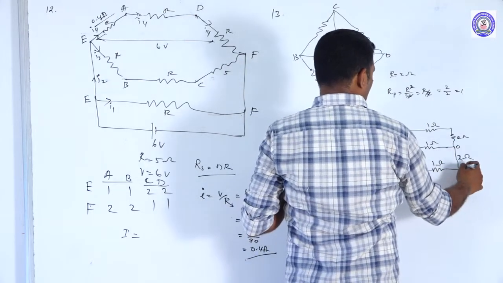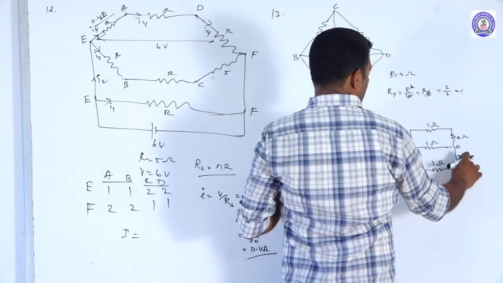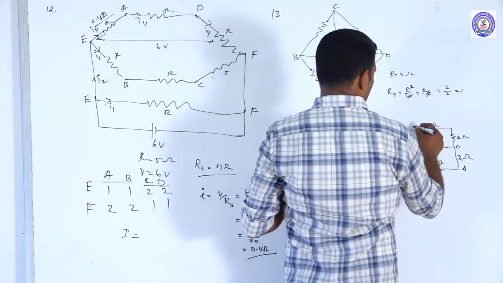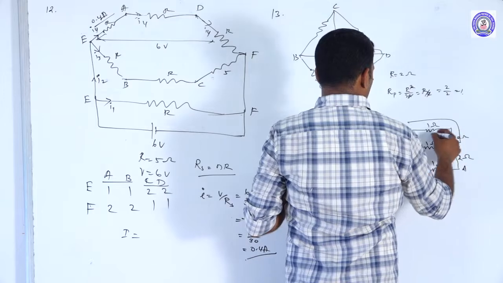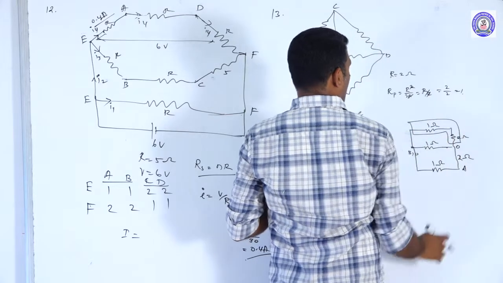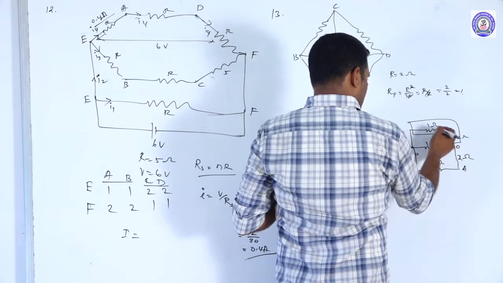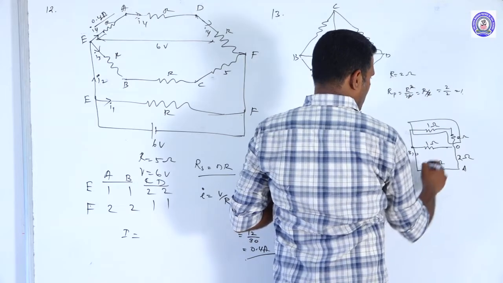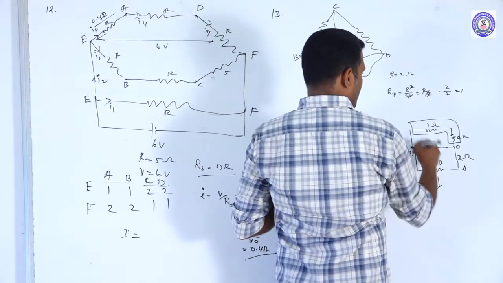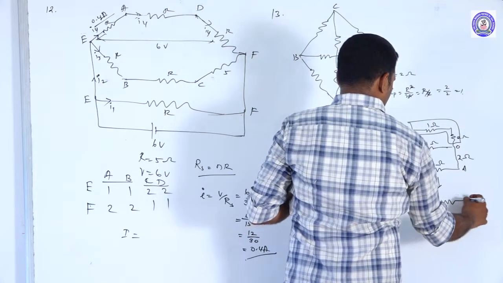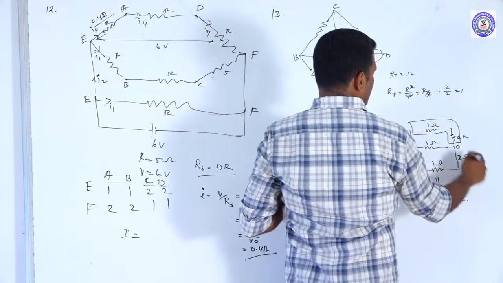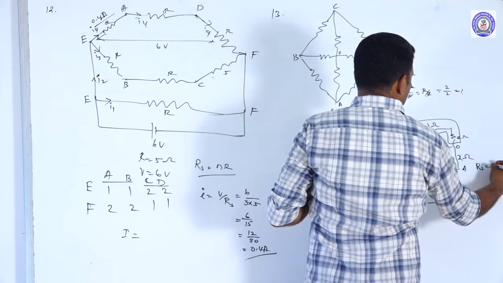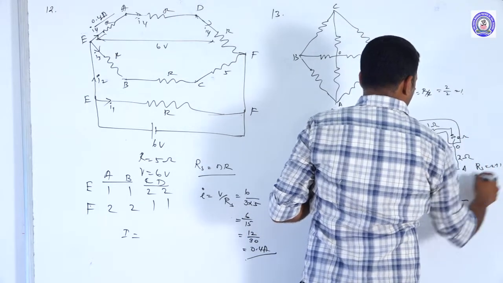Now, what is required is the effective resistance between O and A. These two, 2 and 1, are in series, and the effective resistance is parallel to this 1 ohm. So R equals 2 plus 1, 3 ohm.